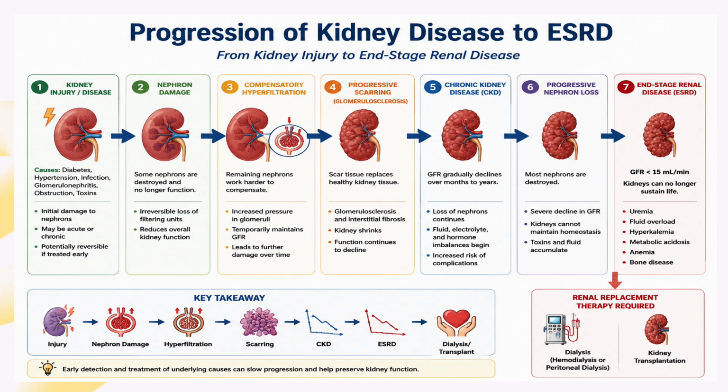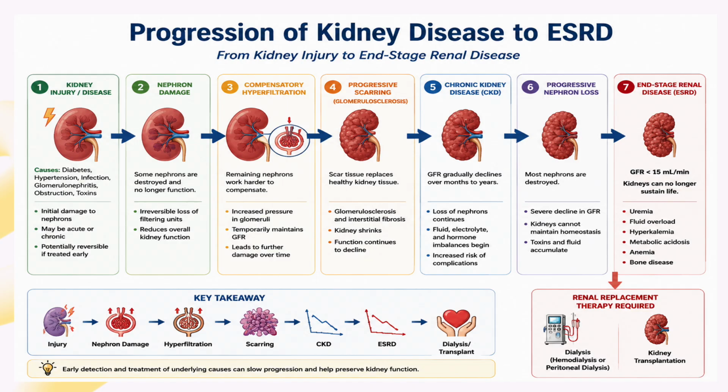Initially, only some nephrons are damaged, so the kidney can still function with the remaining nephrons, right? If the cause is identified and treated early, then kidney function can partially or completely recover. However, when the kidney damage persists and is not treated, nephrons are permanently lost.